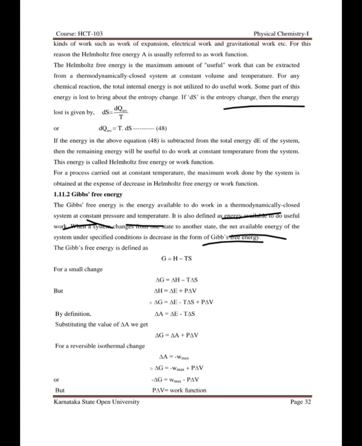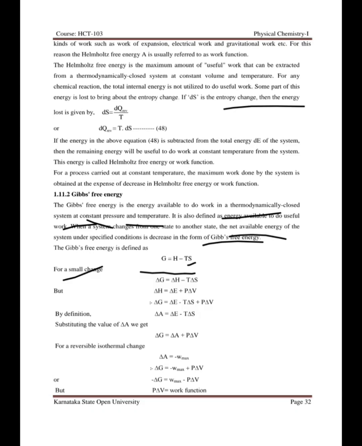It can be denoted by G. G is for Gibbs free energy, and G is equal to H minus TS. H is the enthalpy, T is the temperature, and S is the entropy of the system. For small changes, it can be denoted by delta, when small changes take place in the system.